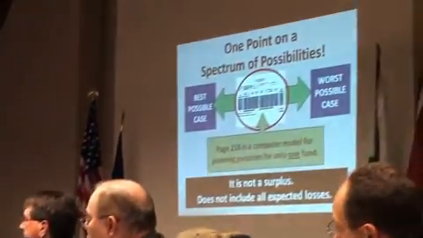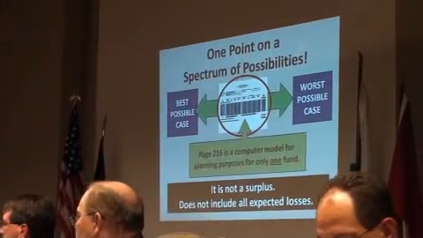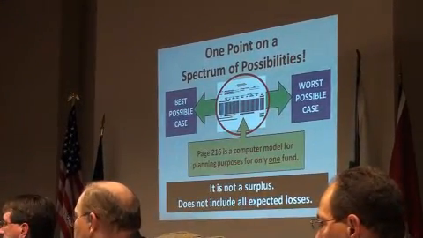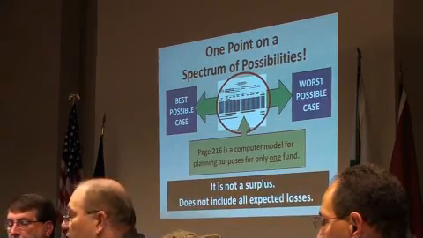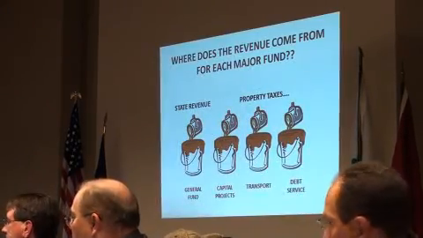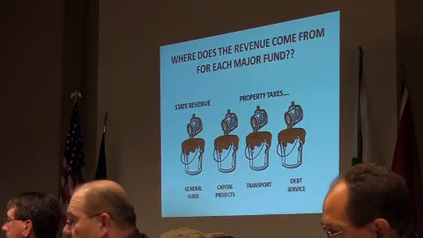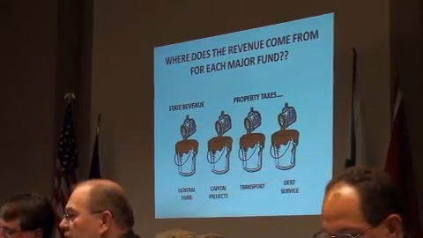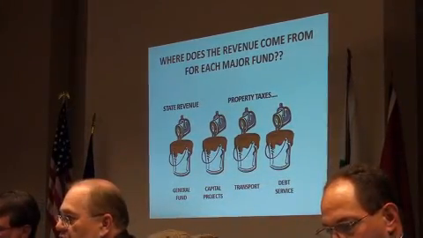Moving on, let's mention a couple more things. Page 216 does not indicate that there's a surplus, and it does not include all the expected losses. That's a key point we want to cover tonight. Page 216 deals only with one of the school corporation's funds.